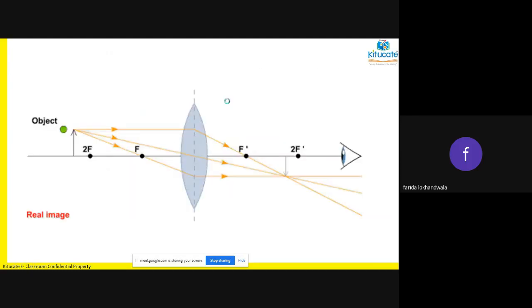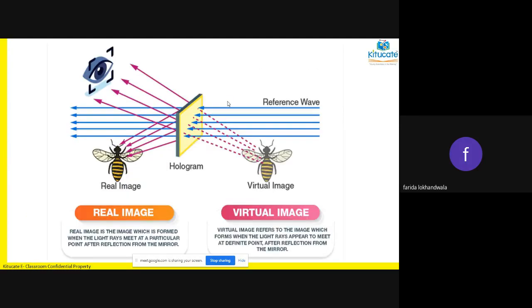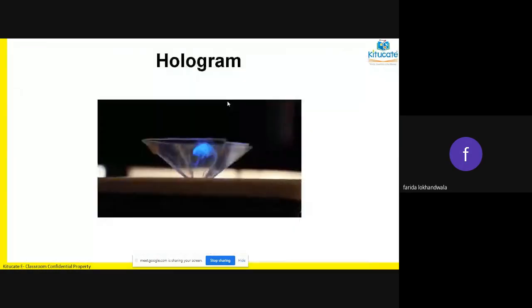Whenever you are seeing yourself or whatever image you are seeing on the reflecting surface, it is a virtual image. It's very simple. Don't go too much into the details of it. Like the hologram which ma'am showed, it was in the shape of a trapezium. A trapezium has four surfaces, so just to create an imaginary thing, we put four of the sides together and it looked 3D.